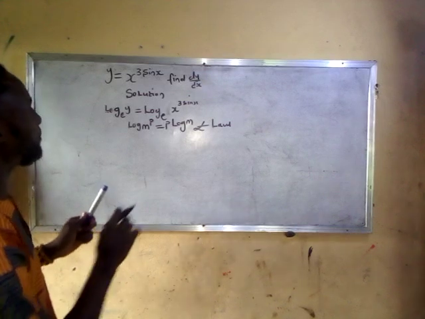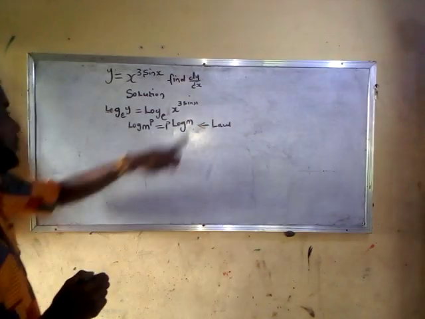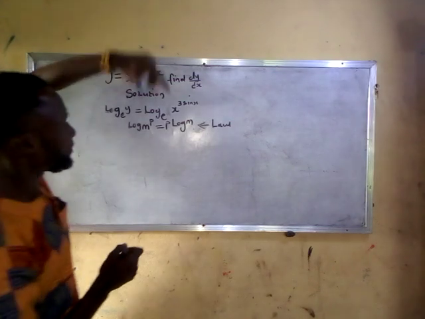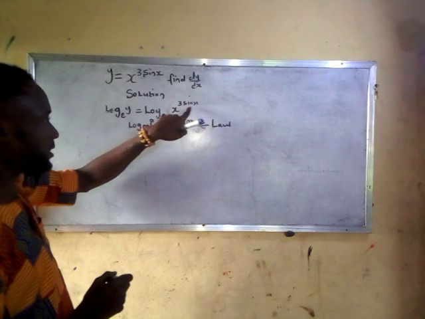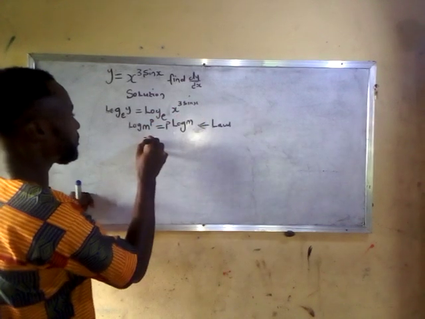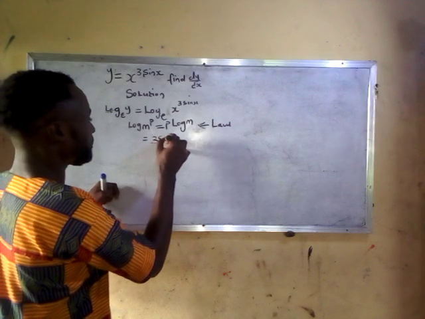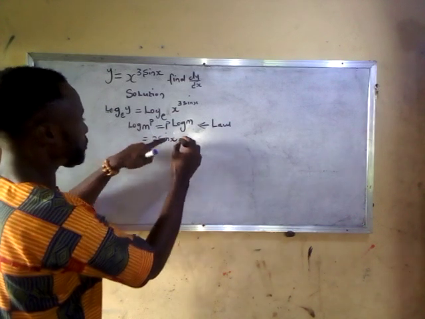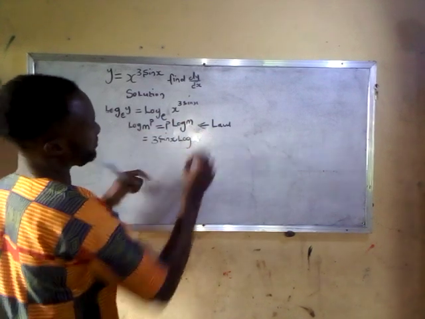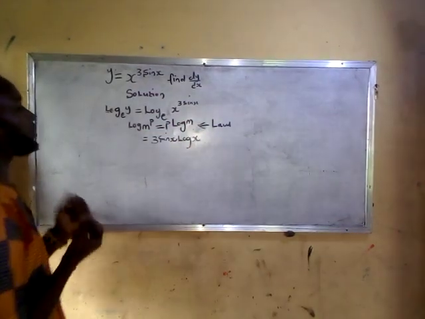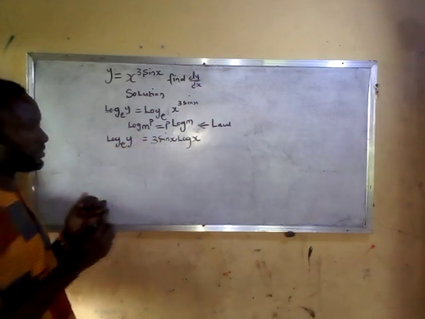Now this is my m, my m is x, then my p is 3 sine x. So this is equal to p, which is 3 sine x, into log m, and my log m is x. So here ln y is equal to 3 sine x ln x.